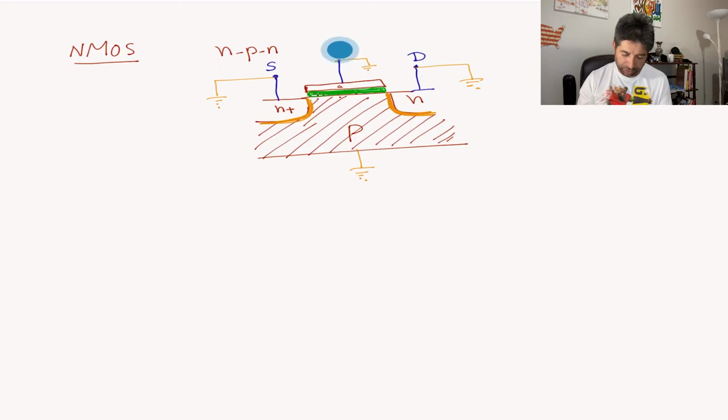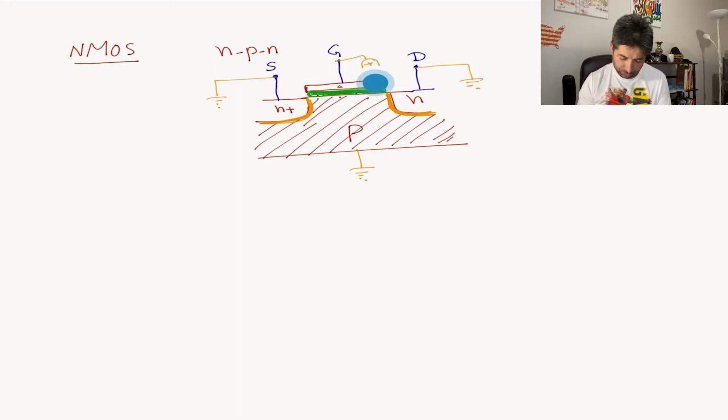Now what happens if we try to apply a gate voltage here? Back to there, instead of connecting it to ground, we connect it to some voltage. As a result of that, this gate is where we have a positive charge.